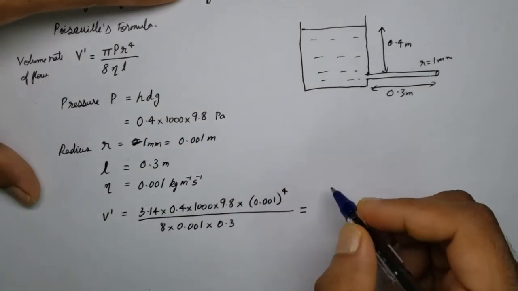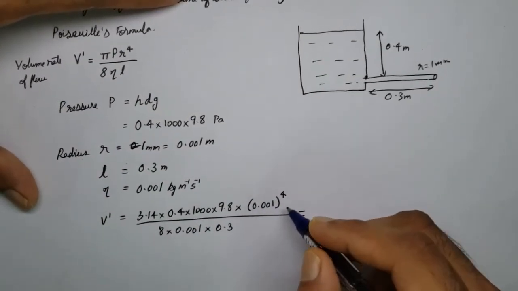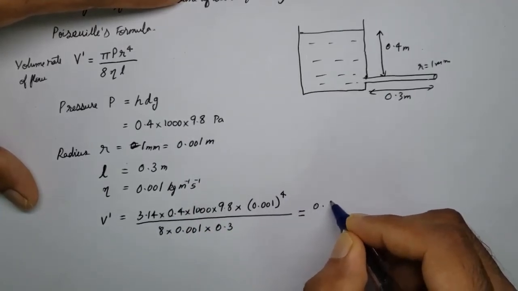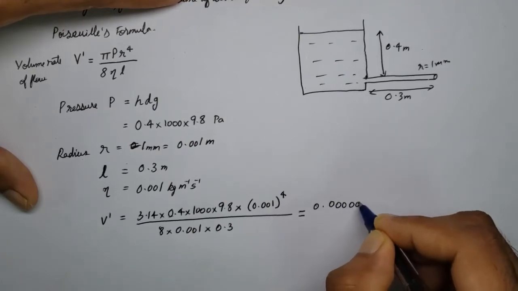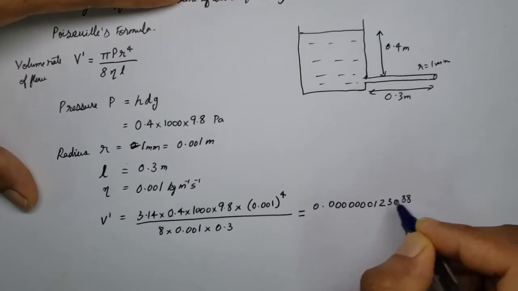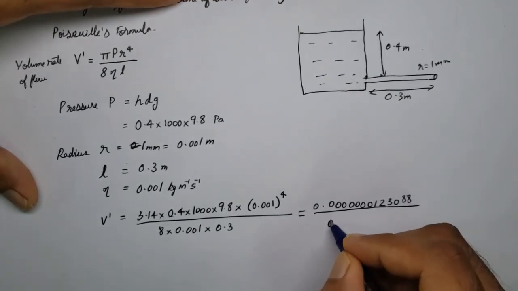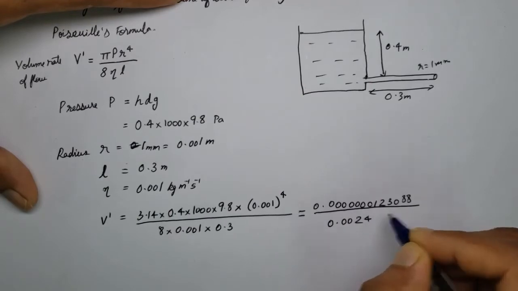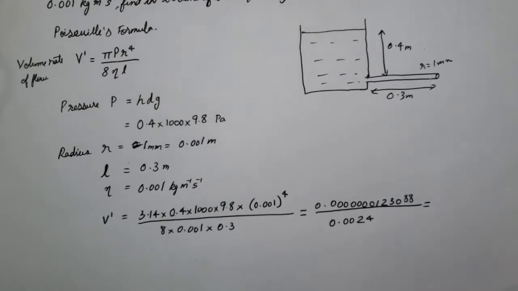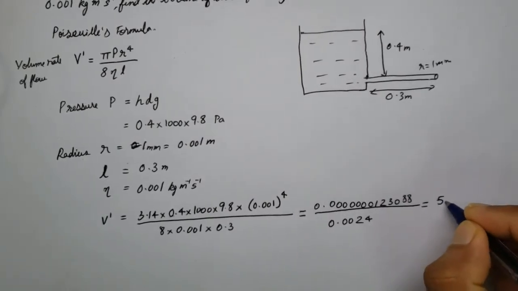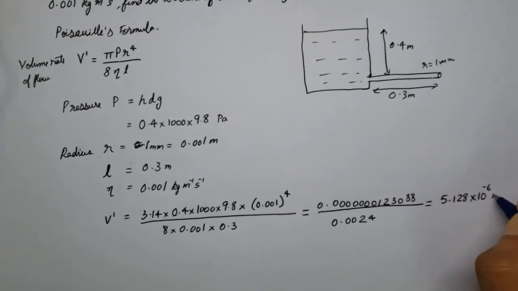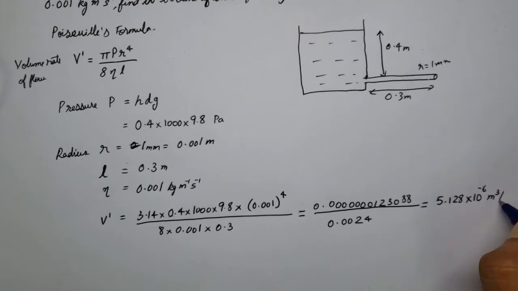So if you evaluate the numerator, you get 0.00000012388 newton, divided by 0.0024. So that should give you 5.128 into 10 power minus 6 meter cube per second.